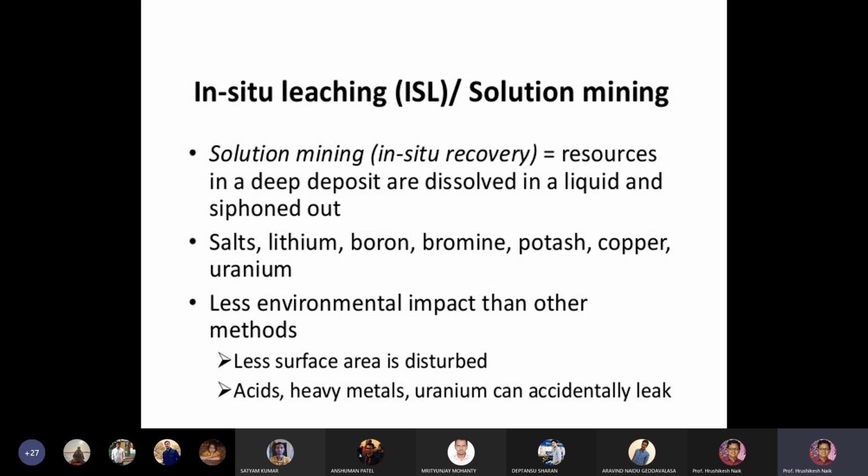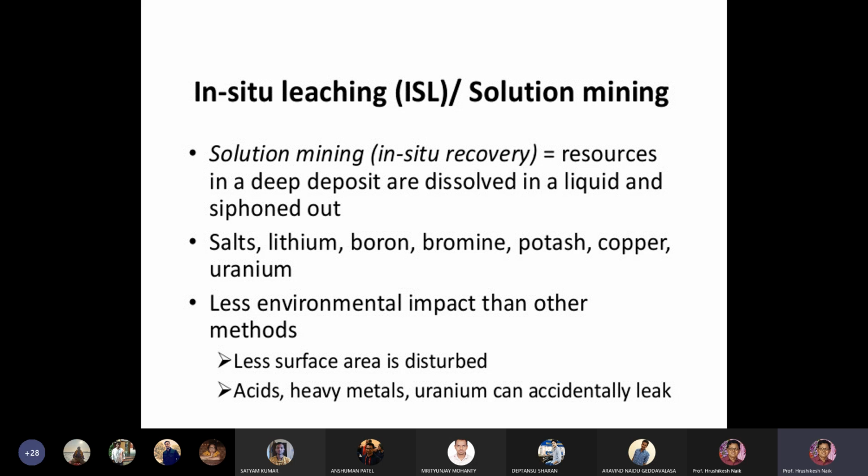So the second method is called in situ leaching or solution mining. So what is solution mining? Solution mining is nothing but in situ recovery of the mineral.